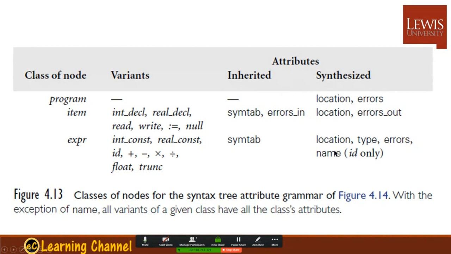Here are the tree related and error related attributes so that you can actually use that to find a symbol table entry and also find the error propagation scheme.